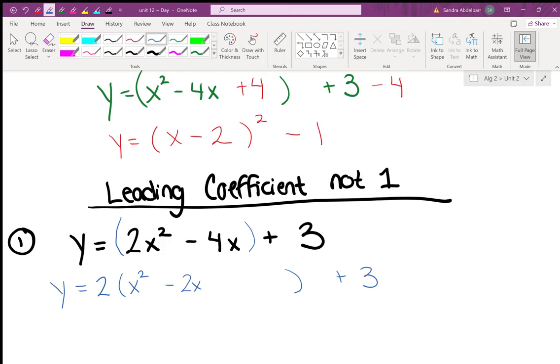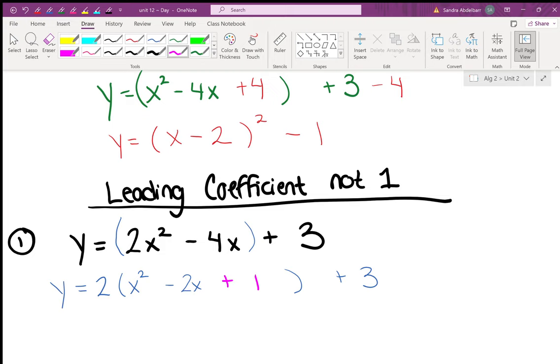Now I'm going to complete the square inside the parentheses. Half of 2 is 1. 1 squared is 1. Be careful now. When I go to add or subtract something outside the parentheses, I'm not going to subtract a 1. Because technically, this number is not 1. What is this number?